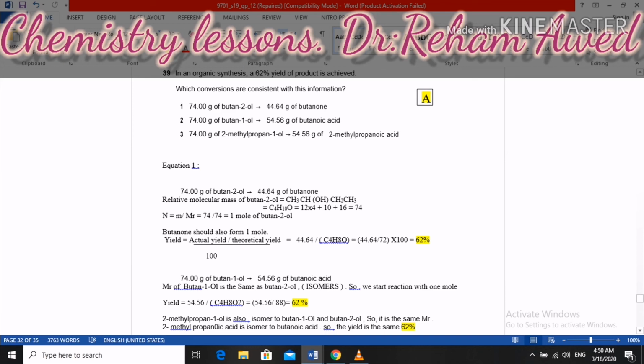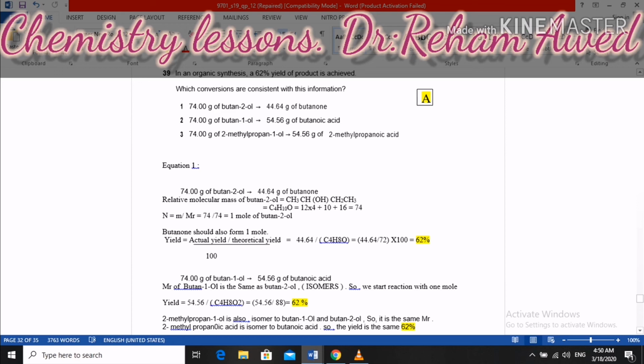So, if we want to calculate the relative molecular mass of the compound, we must know that all isomers have the same relative molecular mass, which saves time. At first we will calculate the relative molecular mass of butanol. Mr of butanol is 74. Yield equals actual yield divided by theoretical yield times 100.